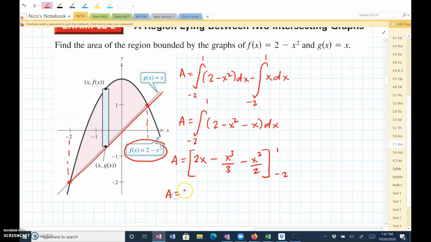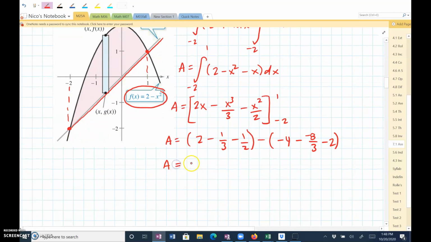When we plug in 1, this would be 2 minus 1/3 minus 1/2, minus, when we plug in -2, -4 minus -8/3 minus 4 over 2, which is 2.